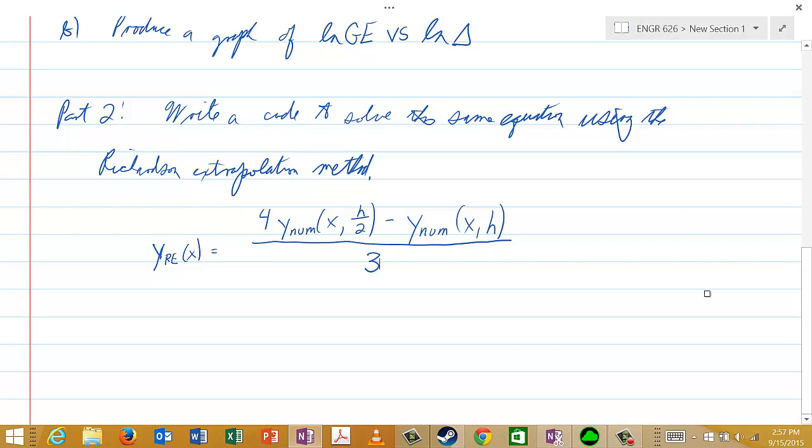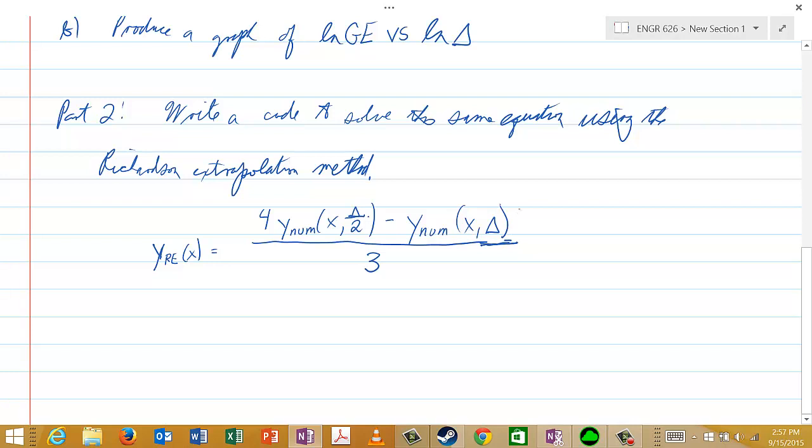And actually, rather than h over 2 and h, let's use delta so that you understand this is valid for any value of delta regardless. So delta over 2 and delta.